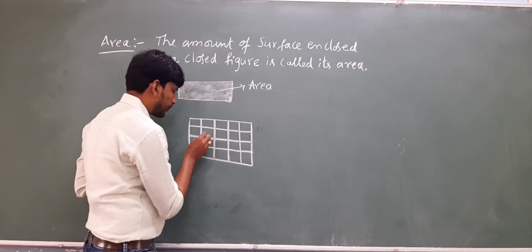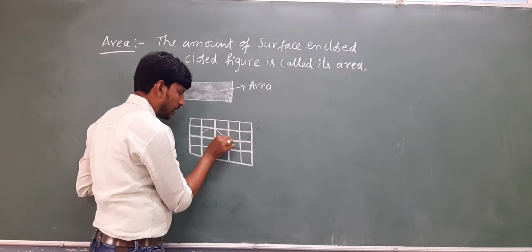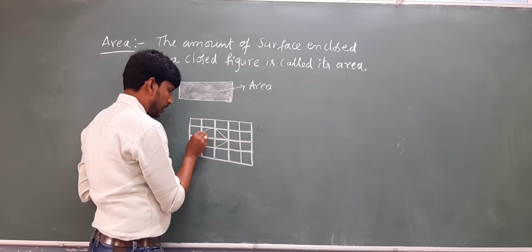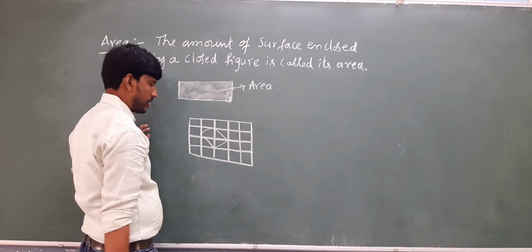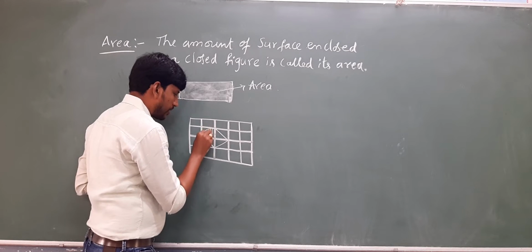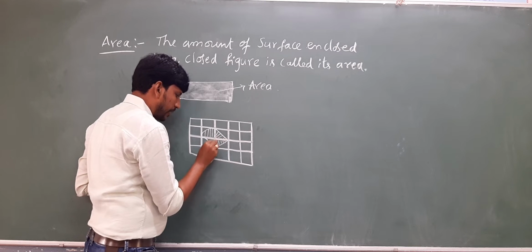See, I am drawing a figure. Like this. See here, the shaded part is like this. See, these are the lines of the shaded part.